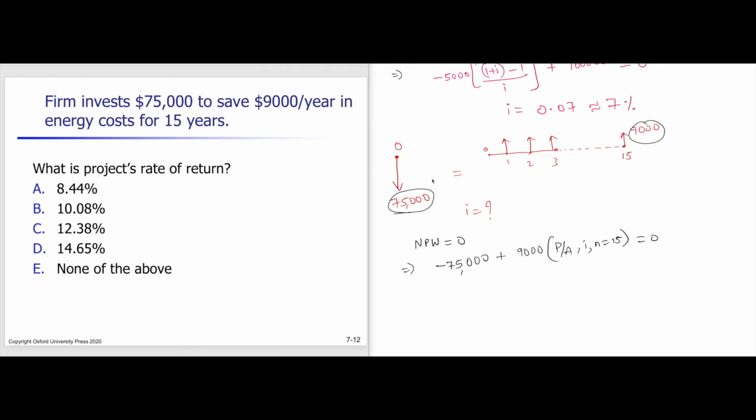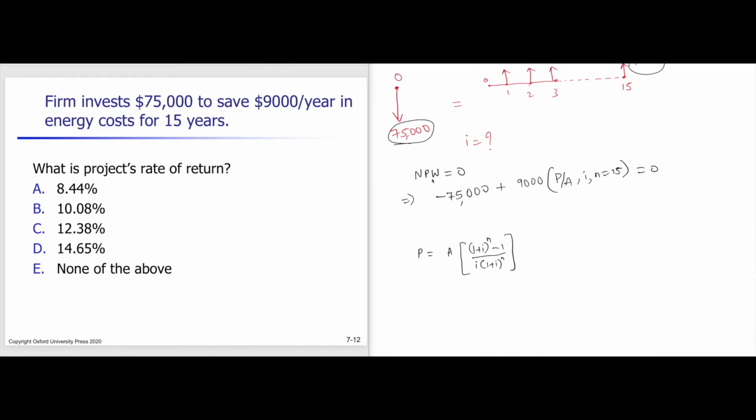So what is P? We have a formula to calculate P. Let's apply this formula, and when we apply it, we can write the equation as negative 75,000 plus 9,000 times (1 plus I) to the power of 15 minus 1, over I times (1 plus I) to the power of 15.